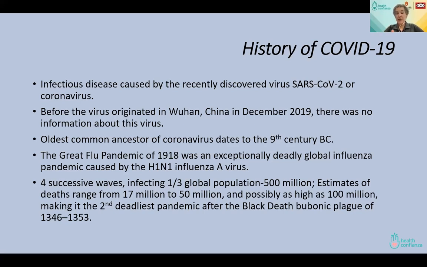At each wave, many people were infected. In fact, a third of the global population, about 500 million. And the death range was from 17 million to 50 million. This marked the second deadliest pandemic after the Black Death, the bubonic plague, in the 14th century. Next slide, please.